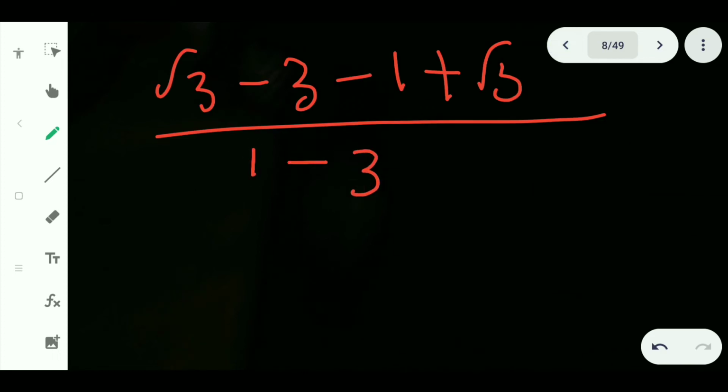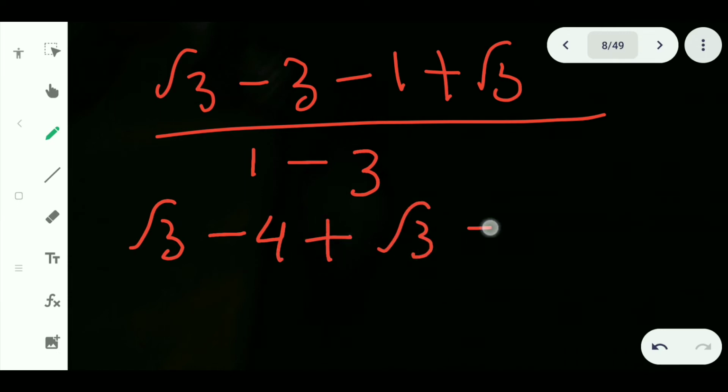So root 3 minus 3 minus 1, that is 2 root 3 minus 4, divided by minus 2.